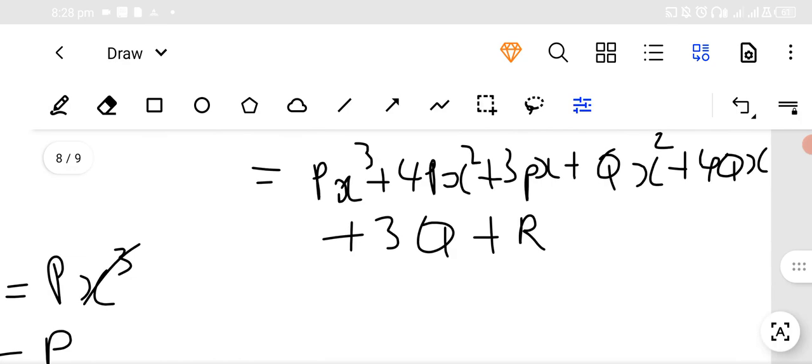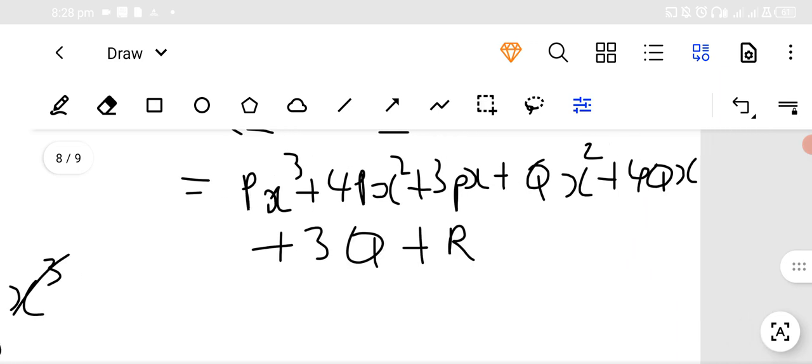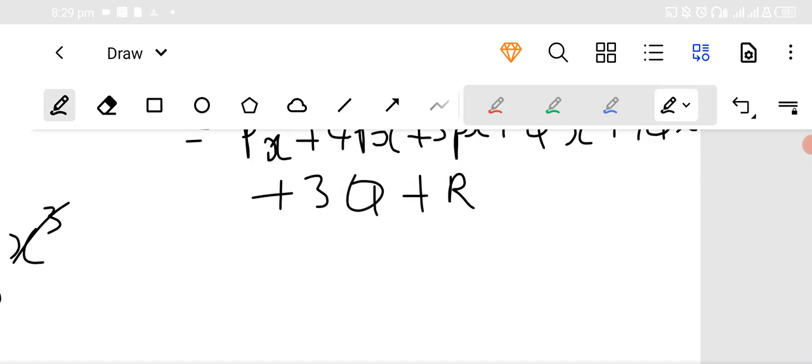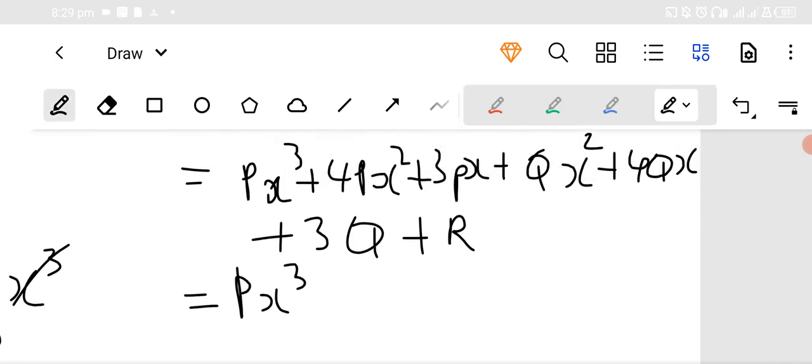And then now we need to look for q. Which one can we use to look for q, such that now we know our p? We can continue solving this. It's going to be px cubed. Let's group like terms together, but I just wanted you to note down the cubed term.